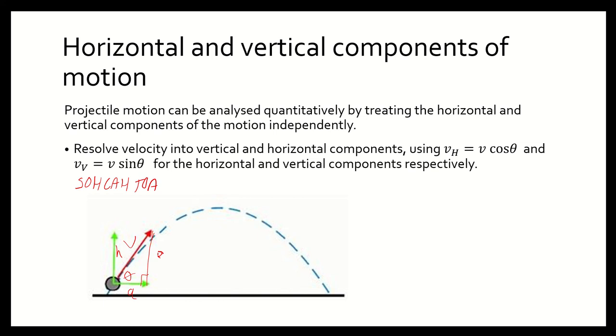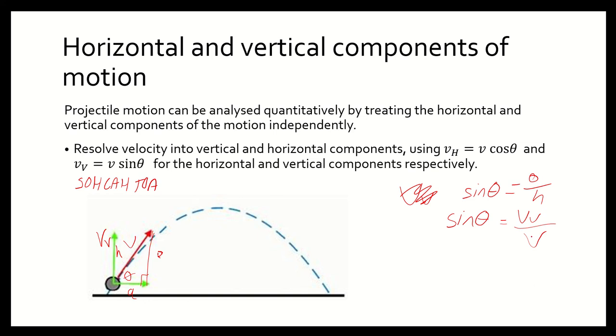So, if we wanted to find this vertical component of velocity, we need to work out what ratio we're going to use. This is our opposite side and this is our hypotenuse. So it's going to be sine theta equals opposite over hypotenuse. The opposite side is our vertical component of velocity, over our hypotenuse, which is our original velocity given.